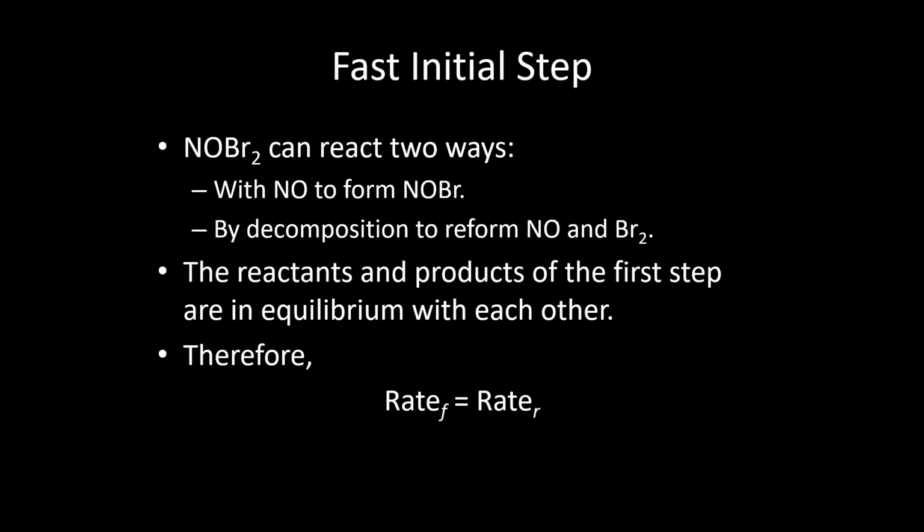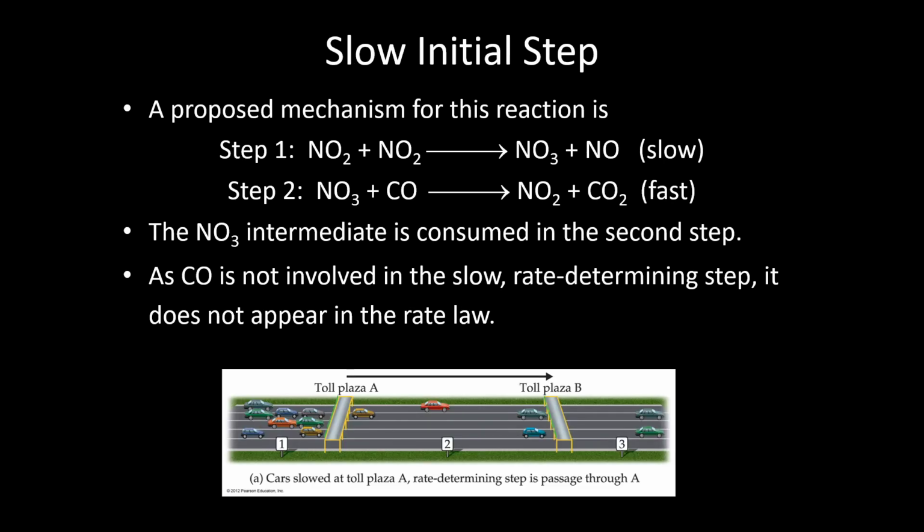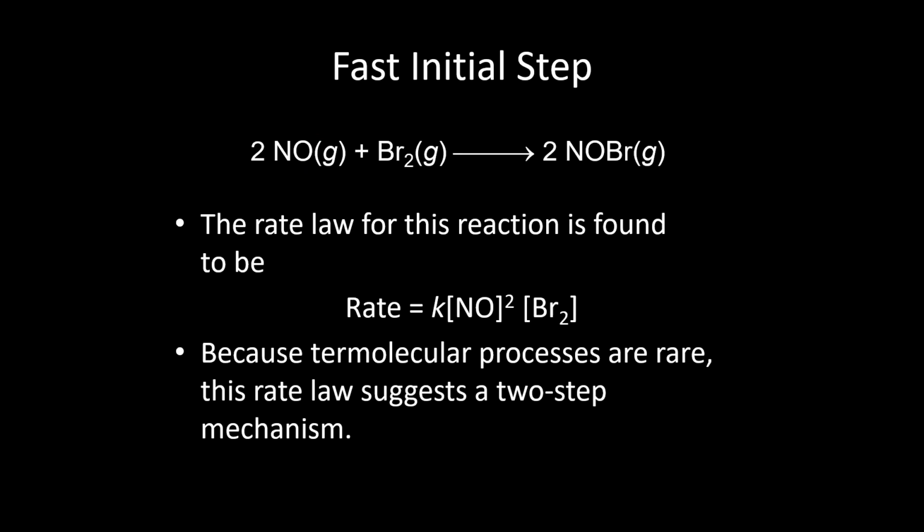So if you're like, oh man, I don't remember that at all, go back and rewatch the videos. The slow first steps are the easy ones, because you just take the reactants in that slow first step and plug them in, and that's all you need. And the fast first steps are a little bit more difficult, but they're not bad either. It just requires a little bit more algebra.